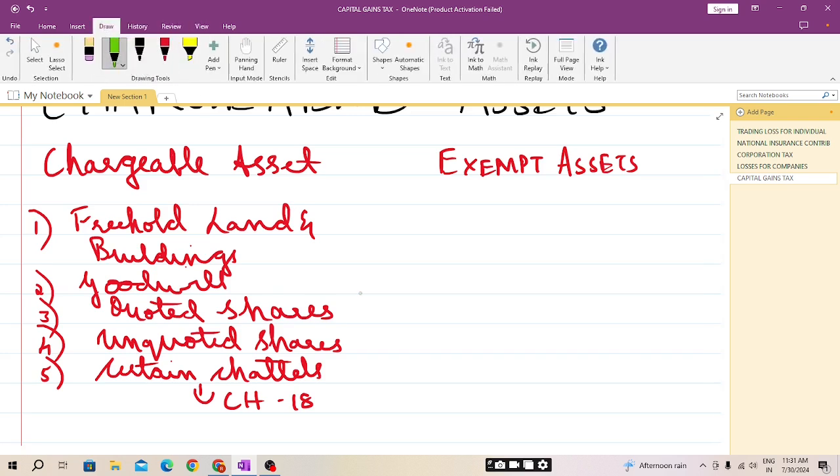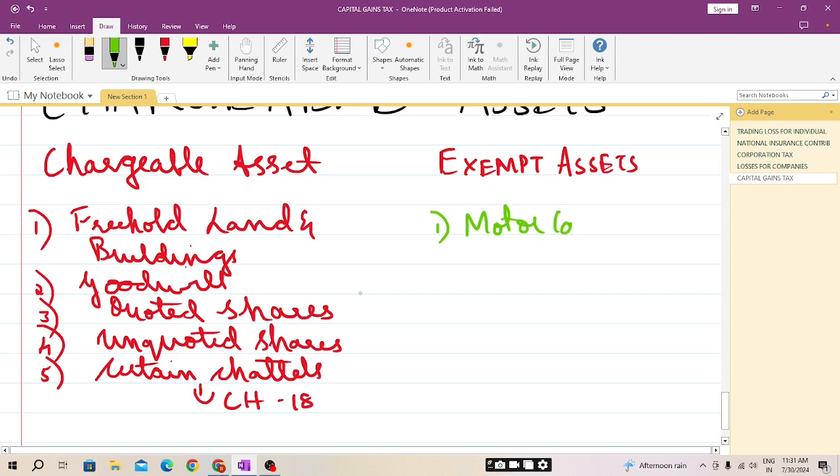Then students, the list of exempt assets. Exempt assets will include motor cars. Then we have seen gilt-edged securities.